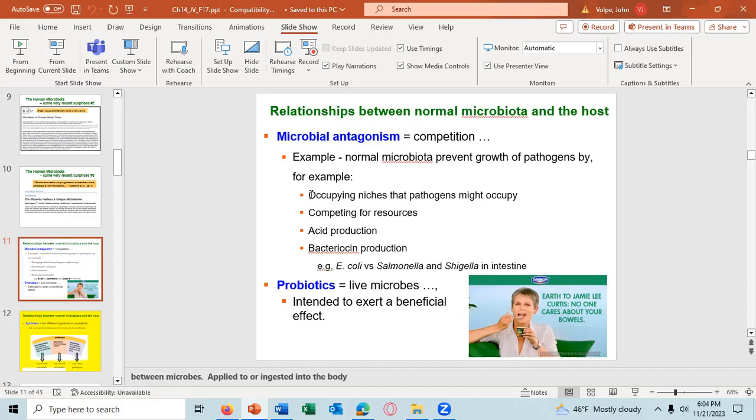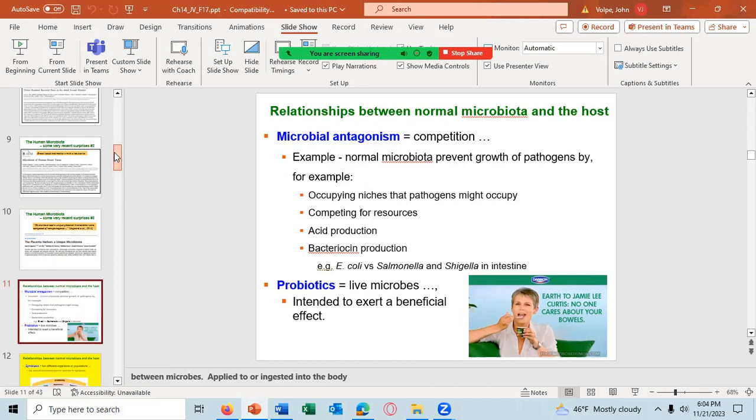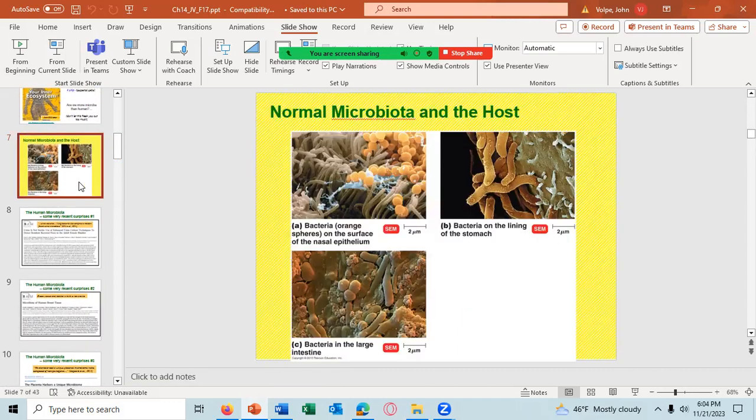It would not inhibit another normal microbe in the gut, such as a microbe which is a cocci, or a microbe which is gram-positive, because I mentioned that polymyxin B only works on gram-negatives.